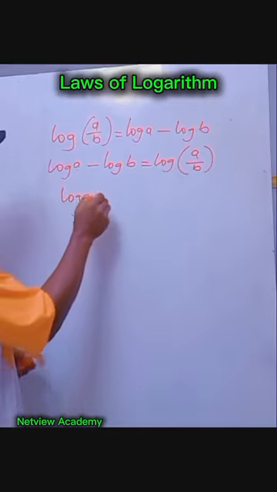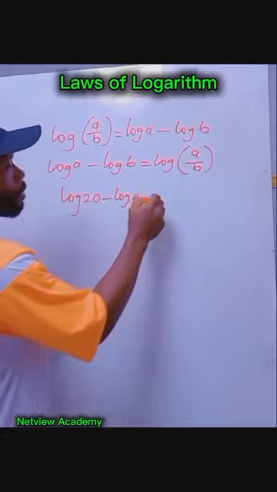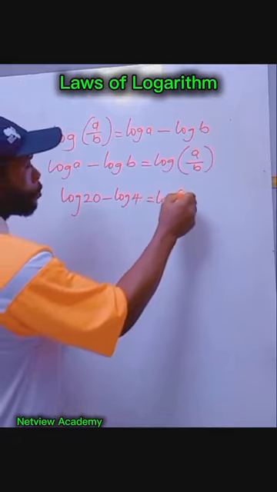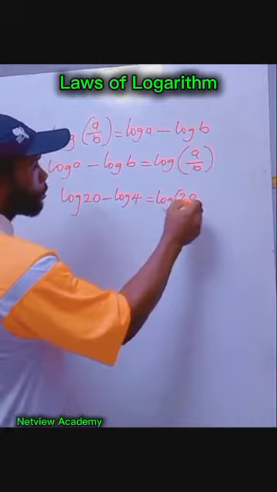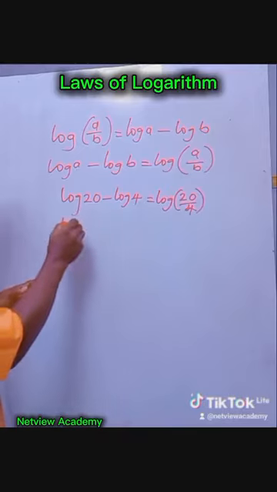Log 20 minus log 4 is equal to log 20 over 4, which is the same thing as log 5.